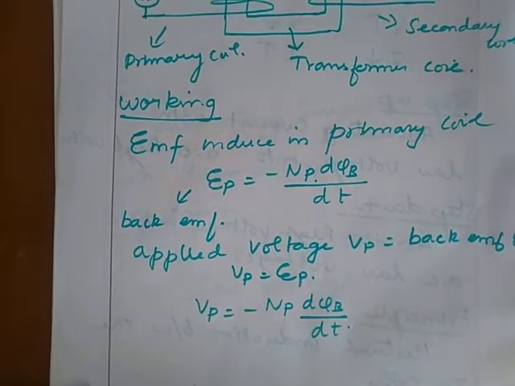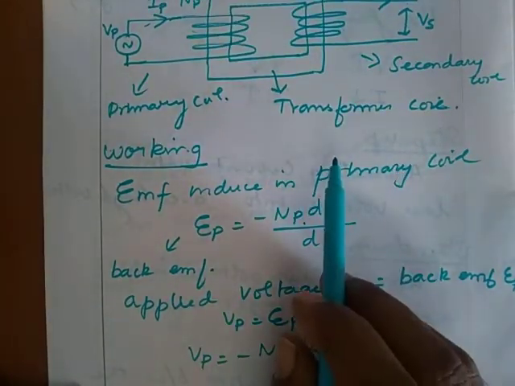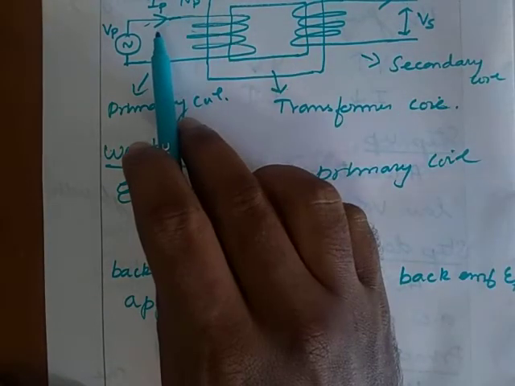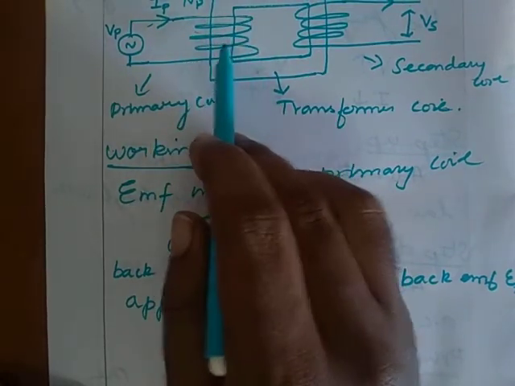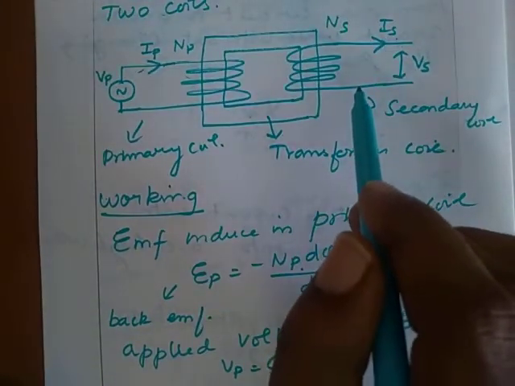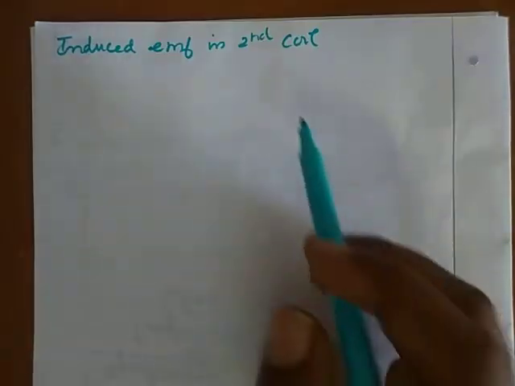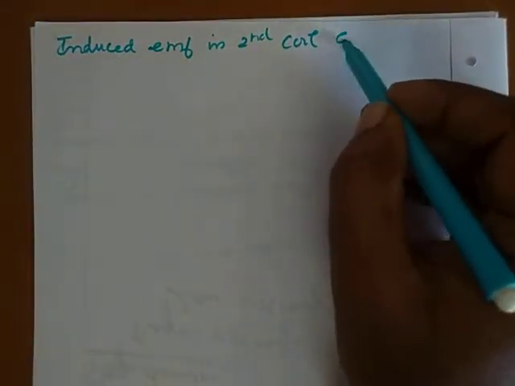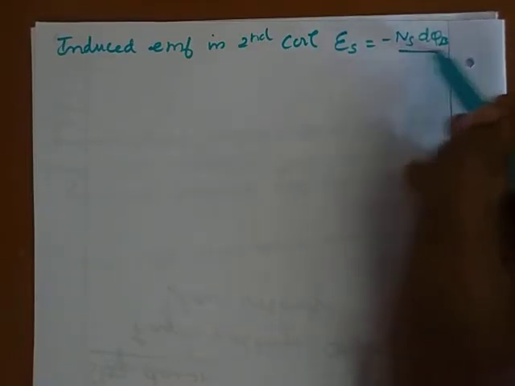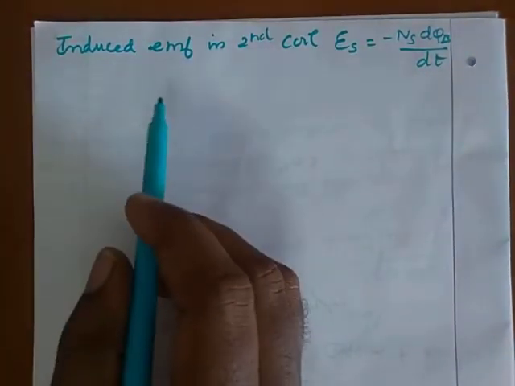Here the frequency of the alternating magnetic flux in coil 1 is the same as the frequency of the alternating EMF of coil 2. So the induced EMF in the secondary coil, ε_s, is equal to minus N_s dΦ_B/dt.